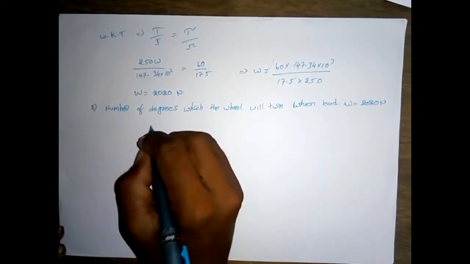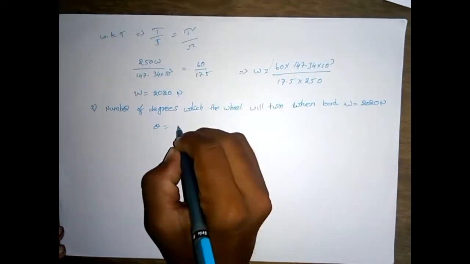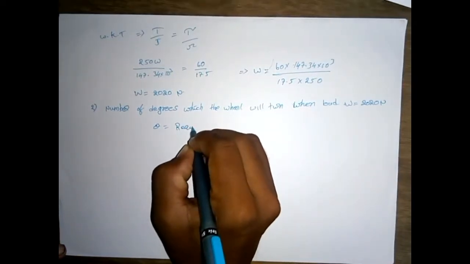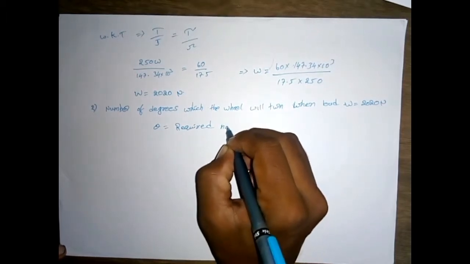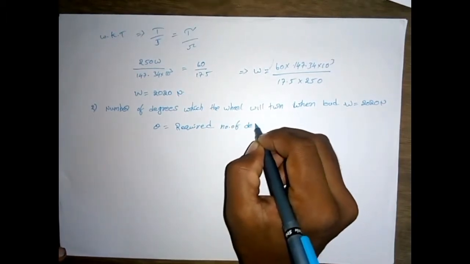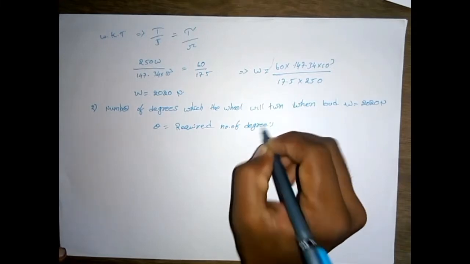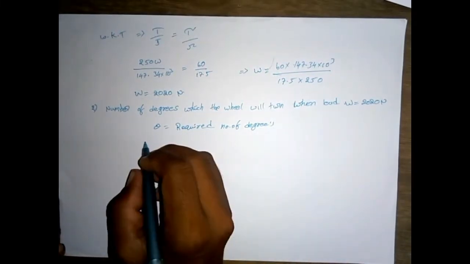So let theta be the required number of degrees. So we want to find out the angle.